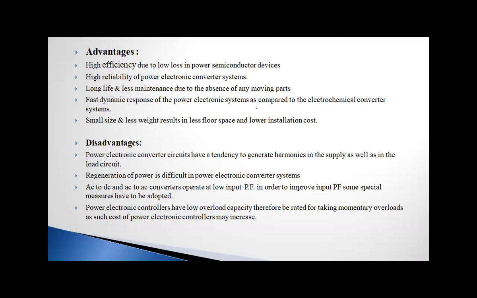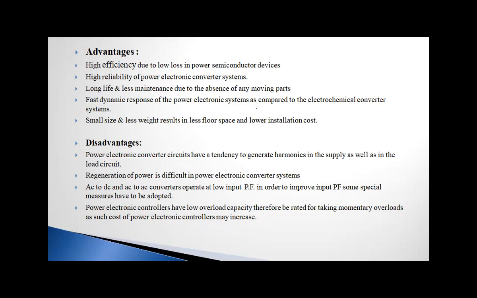The cost of power semiconductor devices is very low compared with previous techniques. So the kit we make using these devices, the cost of that equipment, is also low. We can say the economical cost of power electronic circuits is low.